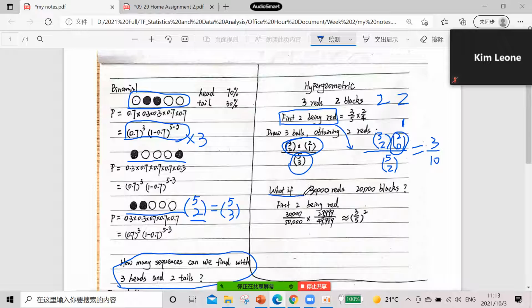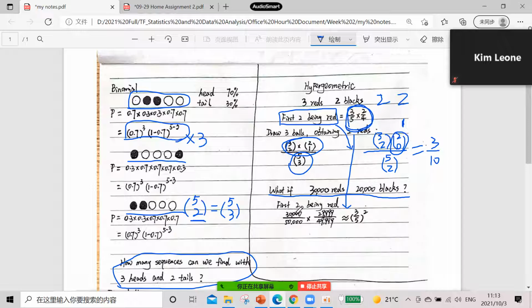So instead of 3 reds and 2 blacks, what if I have 30,000 reds and 20,000 blacks? For the same token, I want to choose 2 balls. What is the probability that I obtain two red balls out of the 2 draws? Again, it's pretty much similar, just the number is larger.